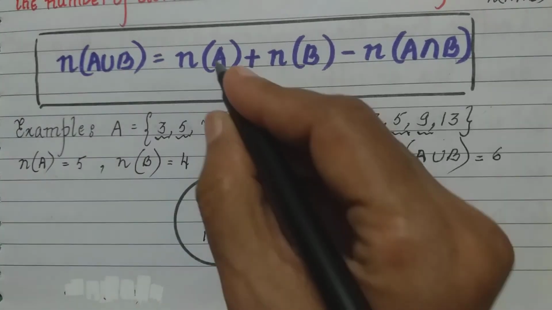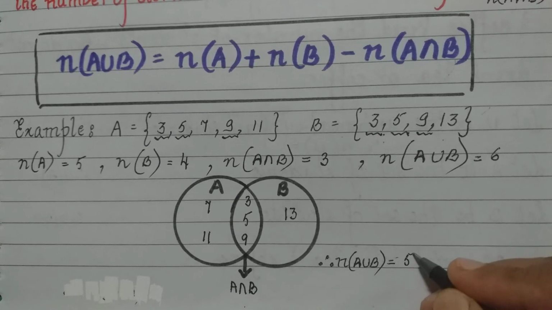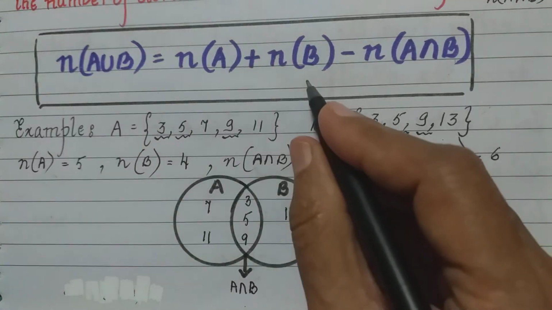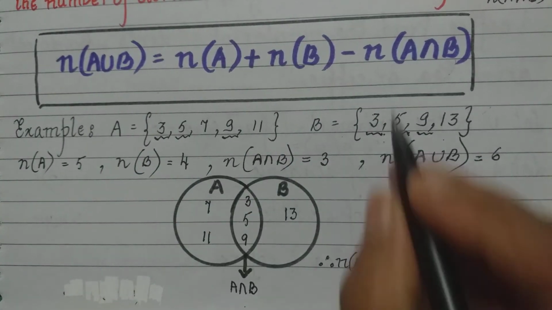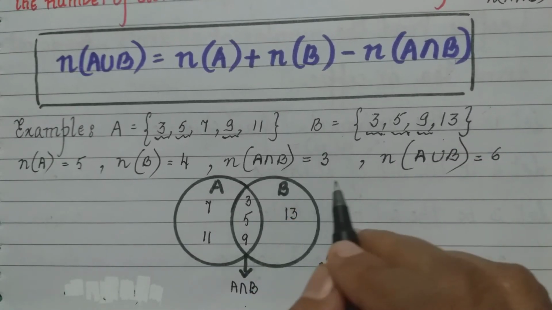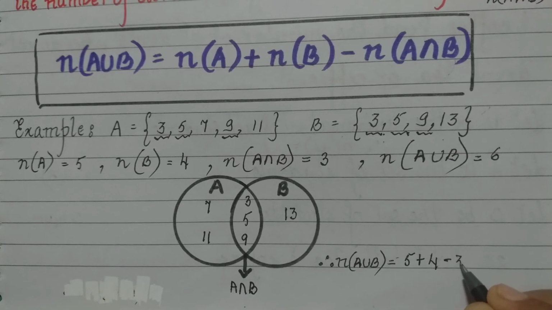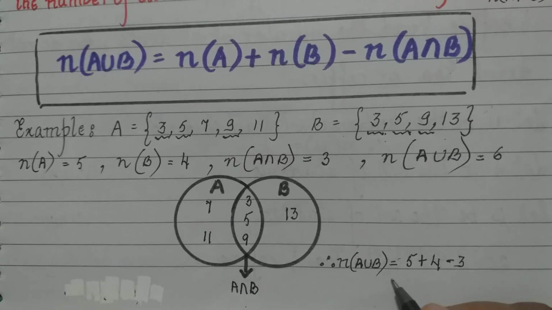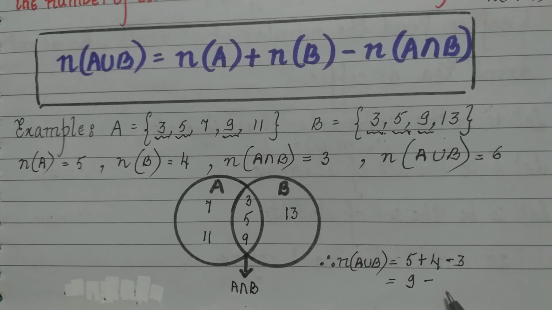n of A is 5, so I write here in place of n of A, 5, plus n of B. n of B is 4. Then I have minus n of A intersection B. n of A intersection B is 3, so minus 3. 5 plus 4 is 9, so this is 9 minus this 3, and 9 minus 3 is 6.